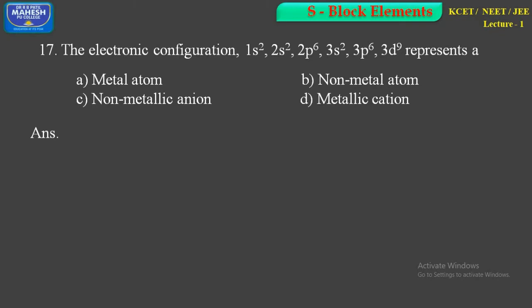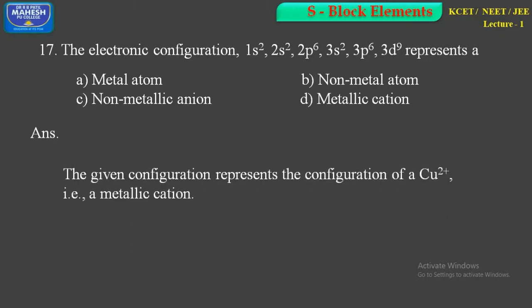Students, the given electronic configuration represents the configuration of a cupric cation, and it is a metallic cation because the total number of electrons in copper is 29, whereas in the given electronic configuration it is 27, and the configuration represents cupric cation. It is a metallic cation, so option D is the right answer.